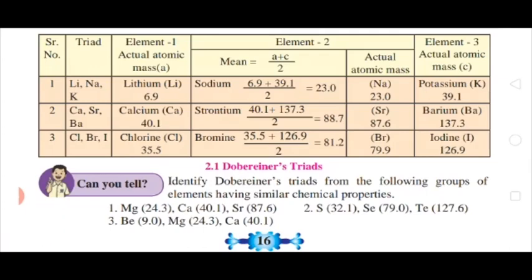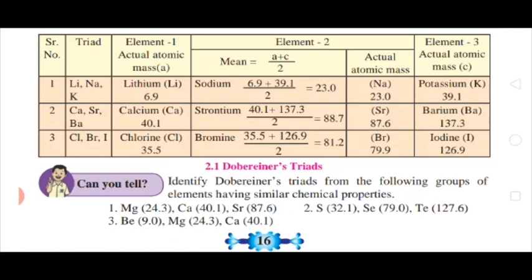Now for an example of Dobereiner triads, the first group he took was lithium, sodium and potassium. Lithium's atomic mass is 6.9 and potassium's atomic mass is 39.1. Here the arithmetic mean is given, that means divide by 2.